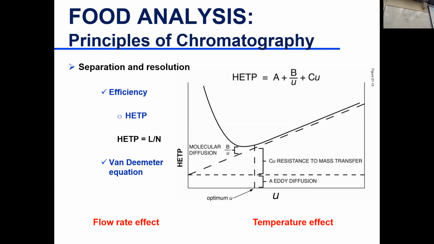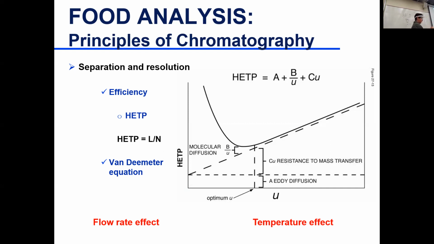The last factor is mass transfer, which is going in and out. This is impacted by the thickness of the stationary phase. If you have a wide column versus a narrow column, a packed column versus a capillary column, what does that mean?